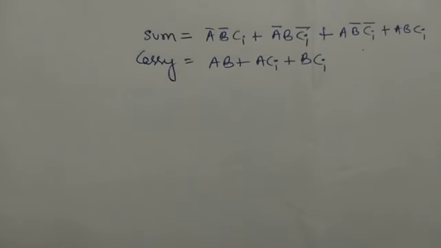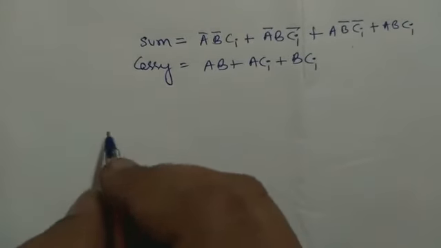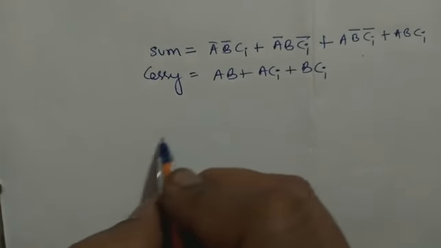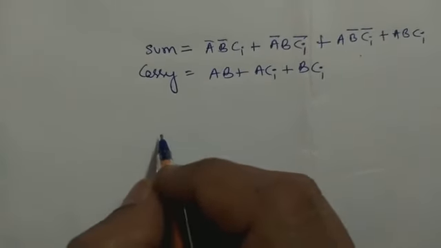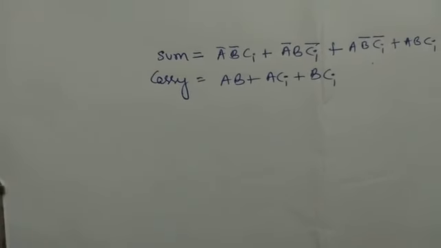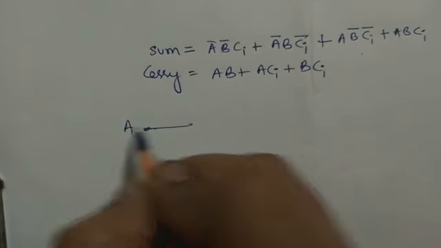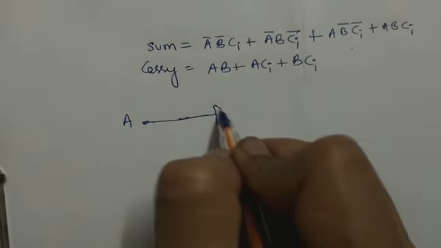So first let us take the carry. Or let us draw the sum one first, because we'll have NOT gates in that. Suppose here we are having A and this is the NOT gate.